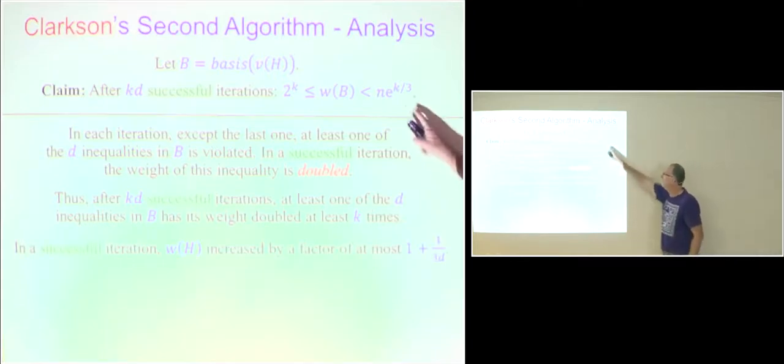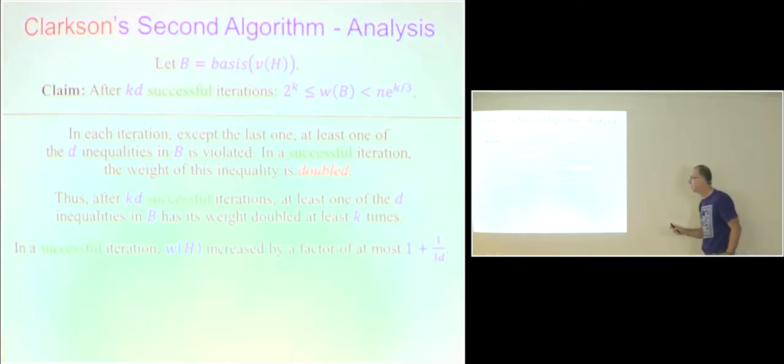Okay, what about the upper bound? In a successful iteration, the total weight is increased only by this factor, because we were in a condition in which the total weight of the violated inequalities was at most the total weight over 3D.